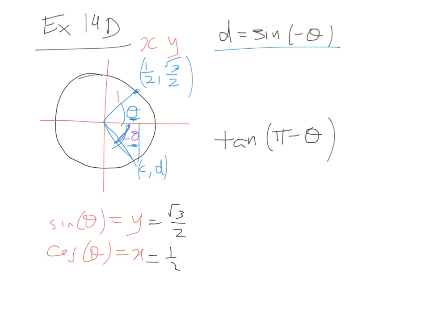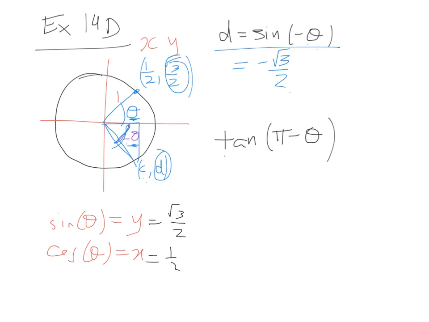Because we've gone down, we've got the same value of root 3 on 2, but it's going to be negative. So sine of negative theta is equal to negative root 3 over 2. If it was cos of negative theta, it's the same distance, so it's going to be a half. But they're asking us for sine of negative theta.